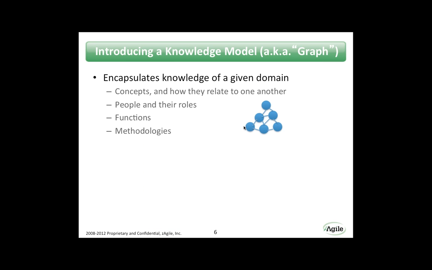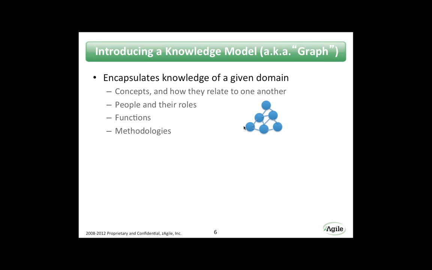And what we'd like to propose is this concept of a knowledge model, okay? Or some people think of it as a graph in a little bit more technical terms. What this knowledge model does is it encapsulates knowledge for a given domain. In this case, we're speaking of software engineering. So all the concepts and how they're related to one another, the people and their roles, so engineers, QA folks, etc., their functions, and the methodologies that go along with it.